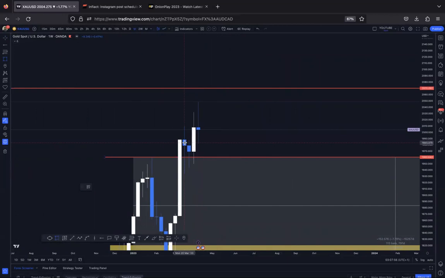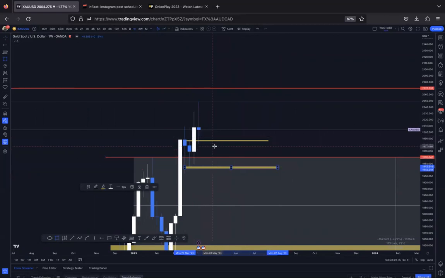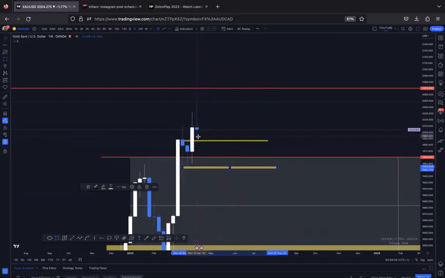So from the weekly right now, I'm using this level here. I don't want to use the same color. So this is our zone. What this means is that based on the way this candle is closing here and the way it's rejecting, gold is going to push from here to this level here.